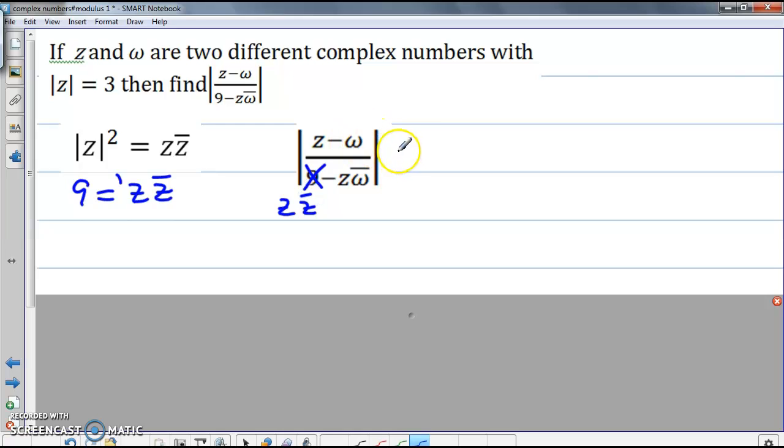So we get this modulus as modulus of numerator upon modulus of denominator.